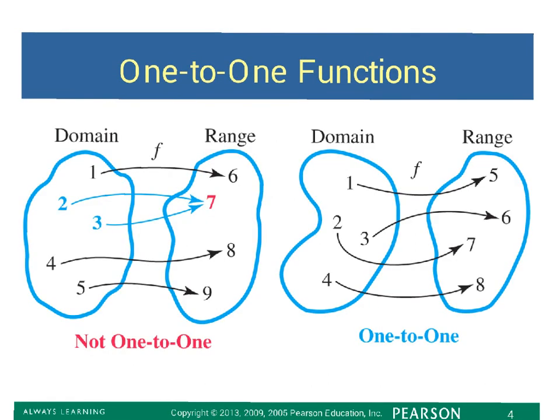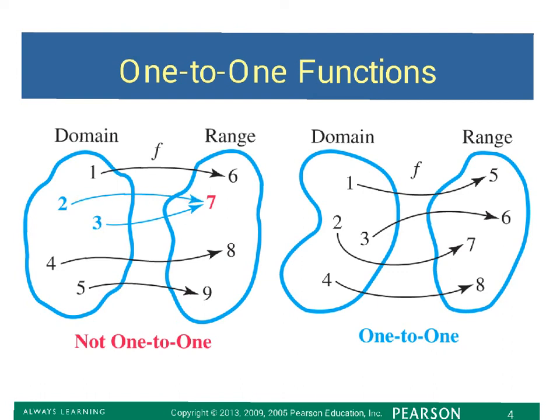Here are some simple examples of what one-to-one and not one-to-one look like. Right here, this is one of my examples. We can see that our x values correspond to one y value, but this y value right here corresponds to two x values.